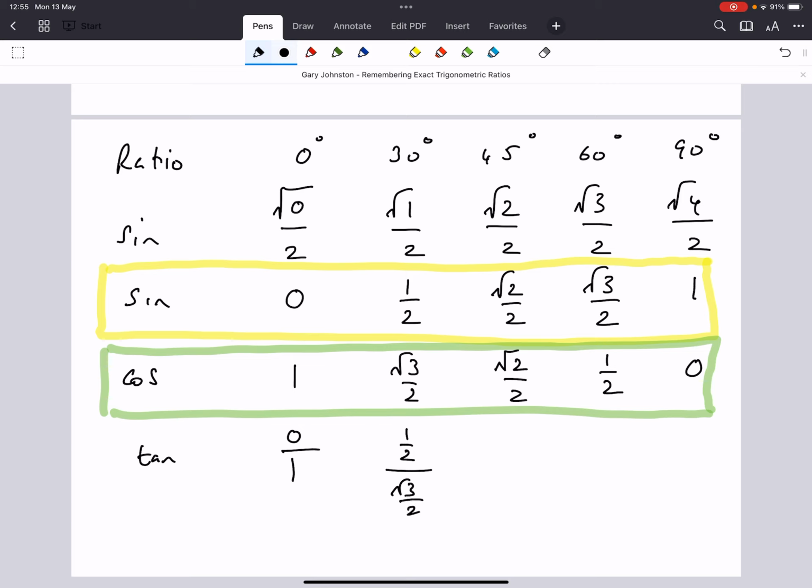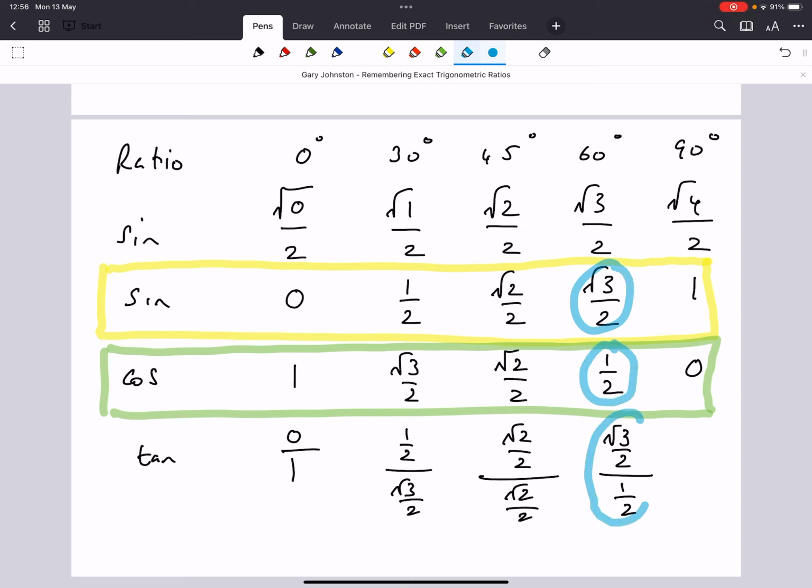The tan of 45 degrees is root 2 over 2 divided by root 2 over 2. And then finally, the tan of 60 degrees is root 3 over 2 divided by a half. And just a reminder, I'm just doing that one divided by that one and putting them both here.